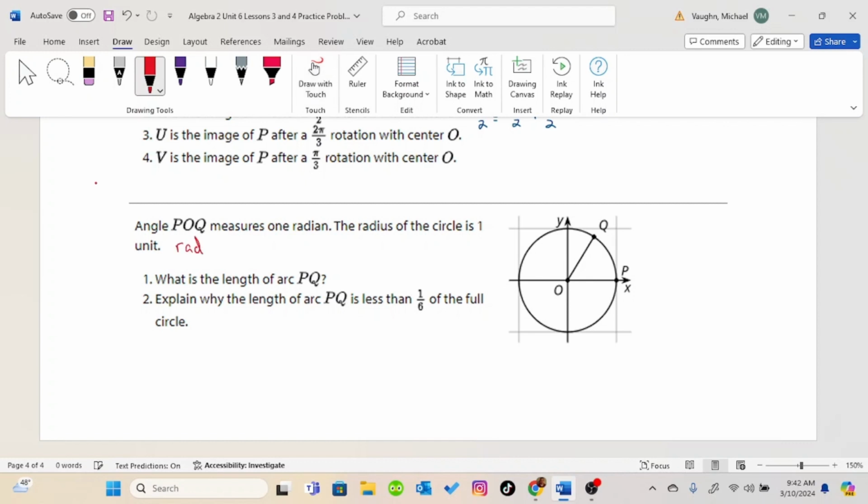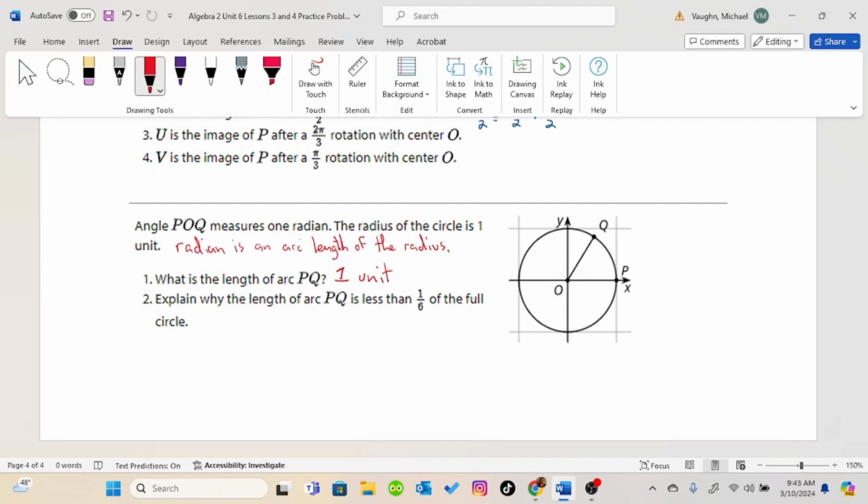So a radian is an arc length of the radius. So if the radius is 1 unit and the angle measures 1 radian, then the length of arc PQ equals 1 unit.